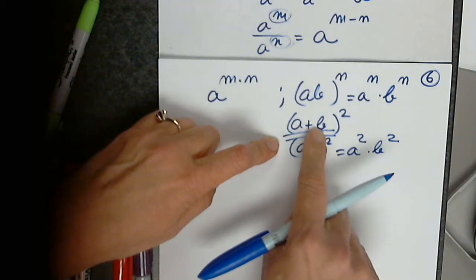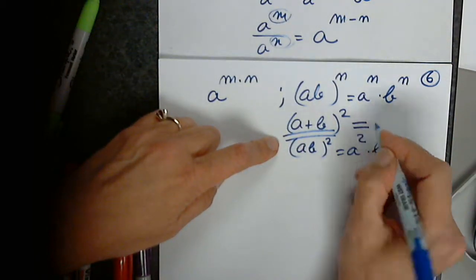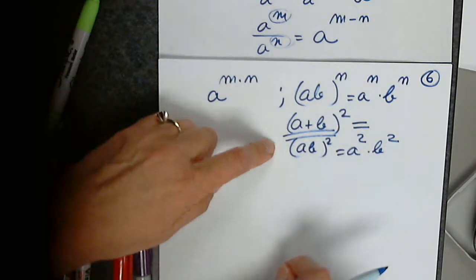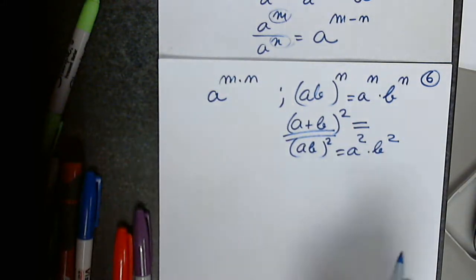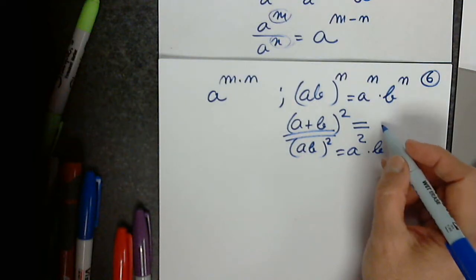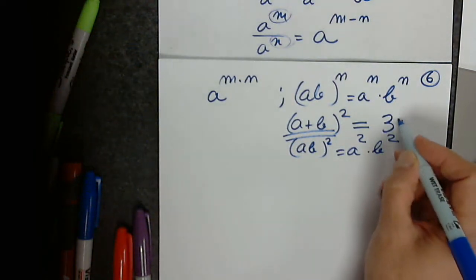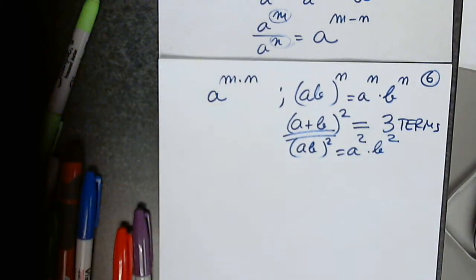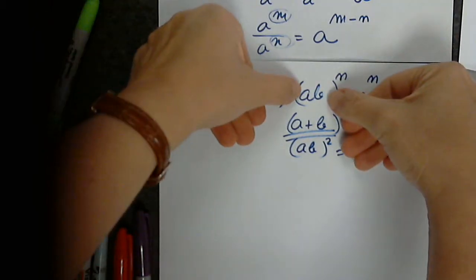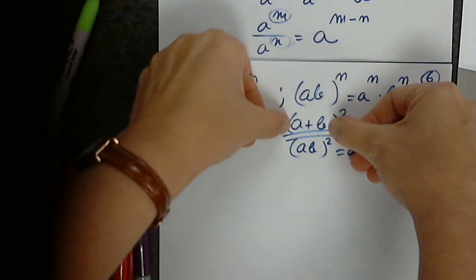This is a sum of two terms. How many terms do I get when I raise a binomial to the second power? And we have an agreement in the last 5 weeks or so. How many terms? Exactly. So please, because from my past experience, I saw that many students confuse this with this.